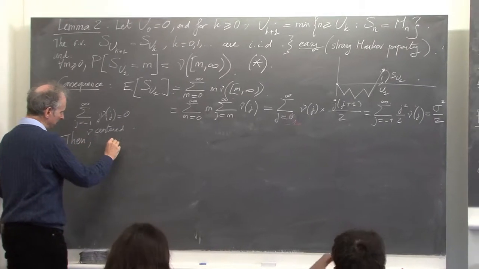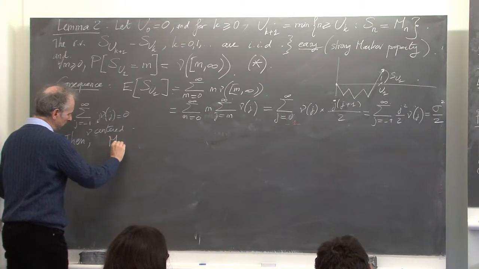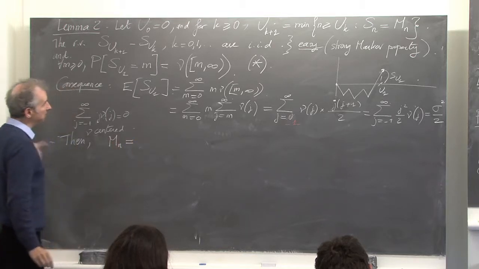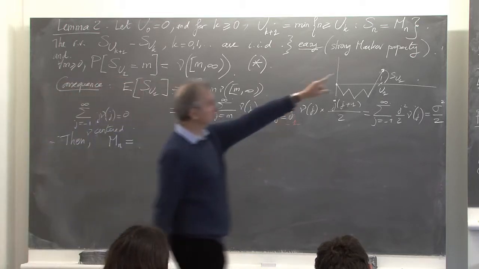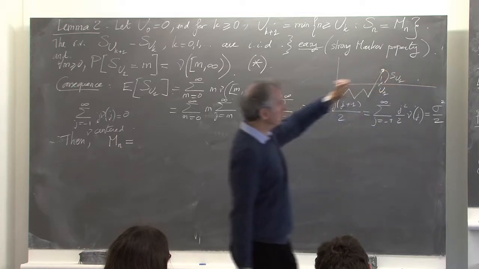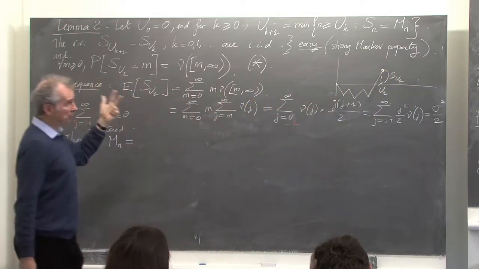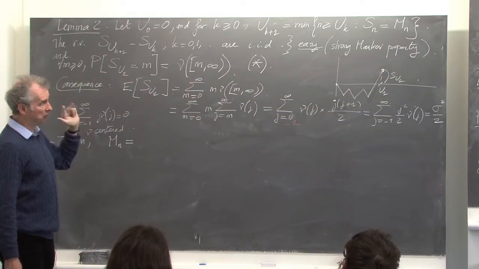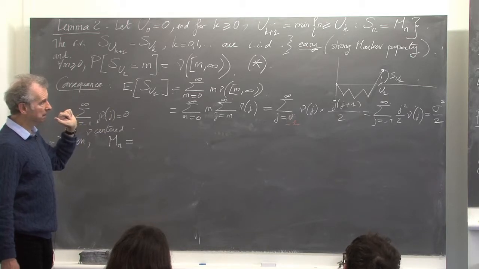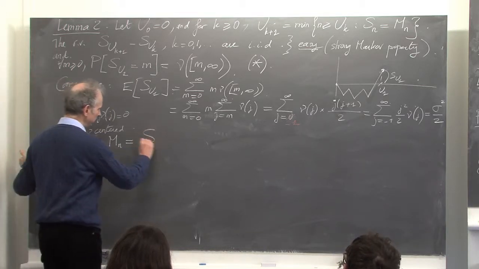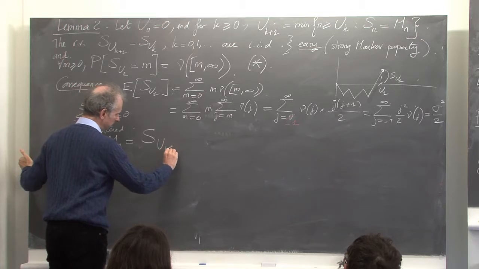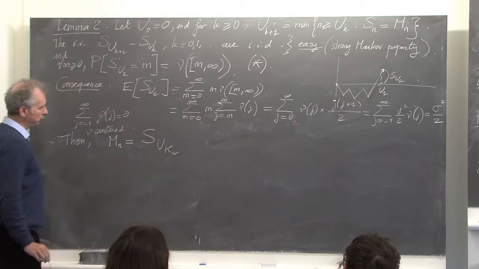Then I will observe: what is Mn? Mn is the maximum of the random walk. It's also, if you want, the value of the random walk at the last record before time n. And the last record before time n is what I call U_{Kn}.